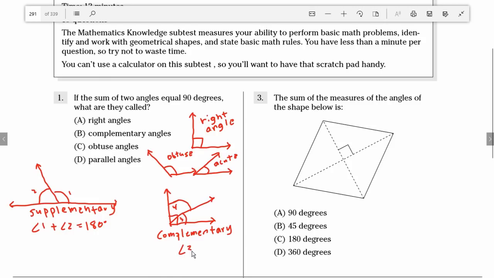Again, angle 3 plus angle 4 equal 90 degrees, so they're complementary. The sum of two angles equal 90 degrees, so we know they're going to be B, complementary angles. Okay? With all these definitions, you should be able to answer any question or variation of this question that's thrown at you. Okay, number 2, let's scroll down for it.